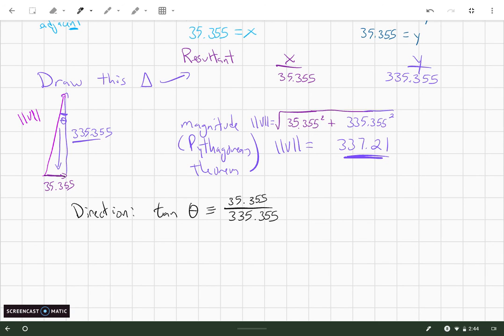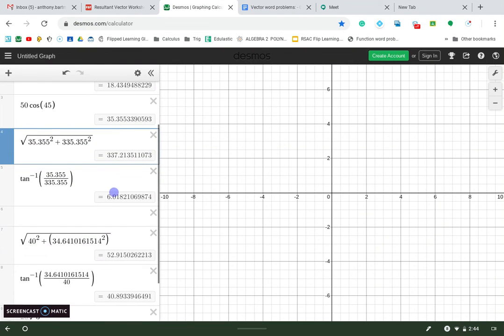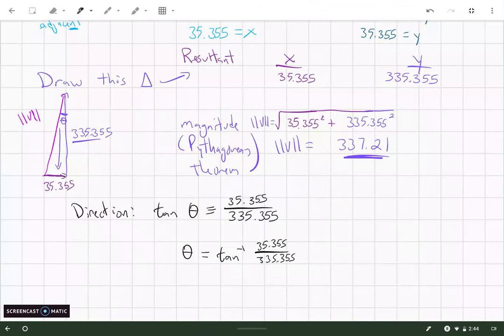And then to find theta, we have to get rid of tangent. So theta equals tangent inverse of 35.355 over 335.355. Whew. Okay, and if we do that, you should end up with 6.01. So that means theta is 6.01 degrees.